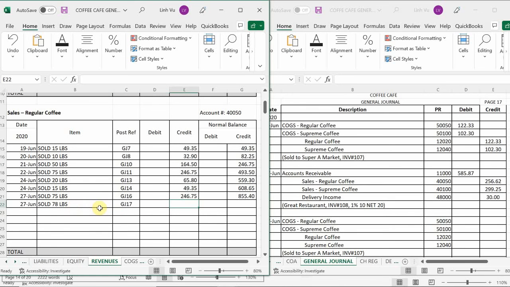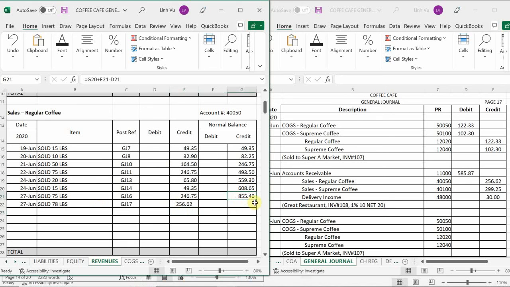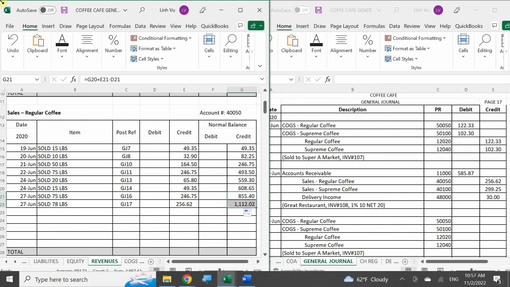For a total of $256.62. So therefore, $1,112.02 should be for the sales for the regular coffee.